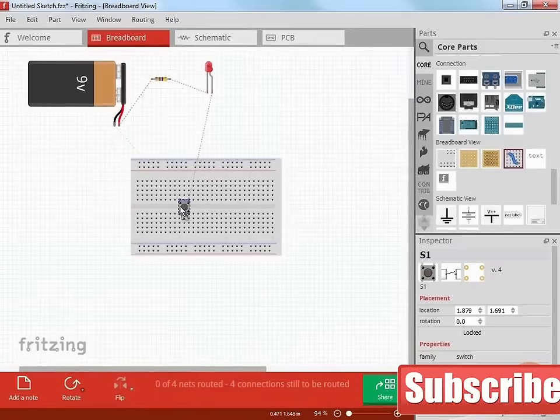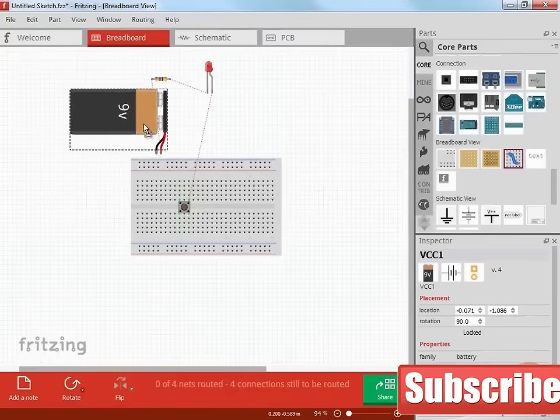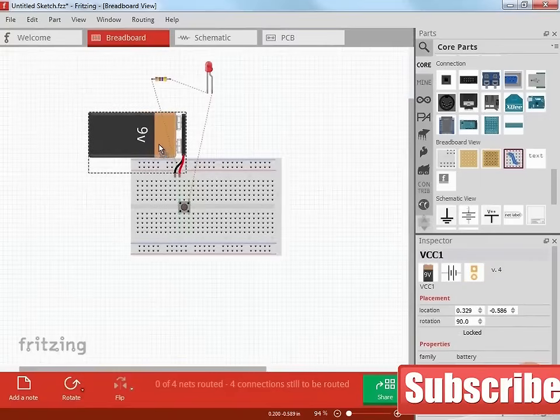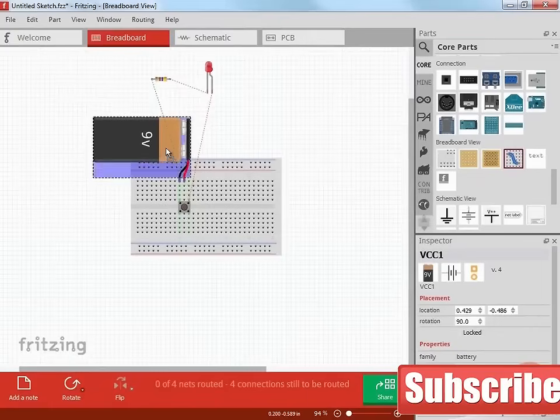We'll move the switch. We can see the green highlighted areas that show the common buses for each portion of the connected terminal. We'll take the battery and we'll take advantage of the onboard circuit traces. So now we've made that connection. We'll take the resistor, put that there.